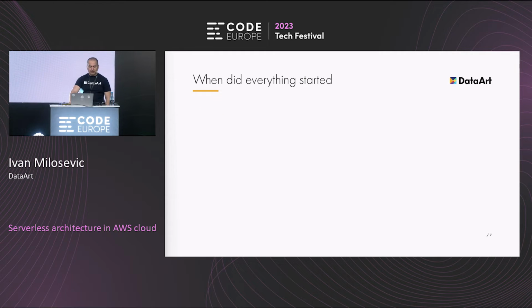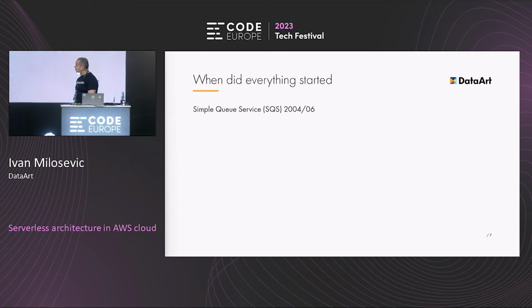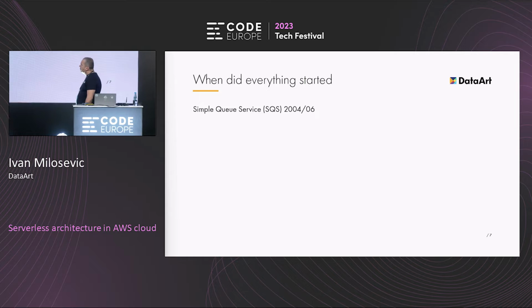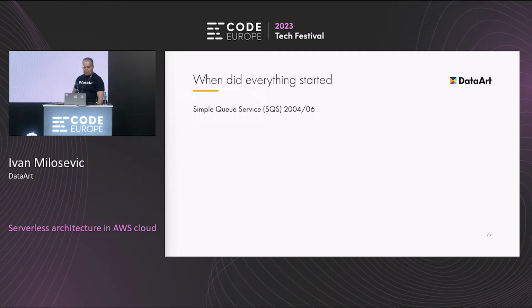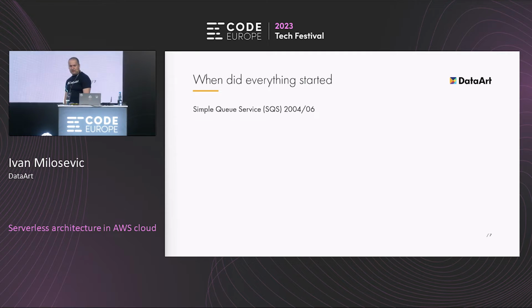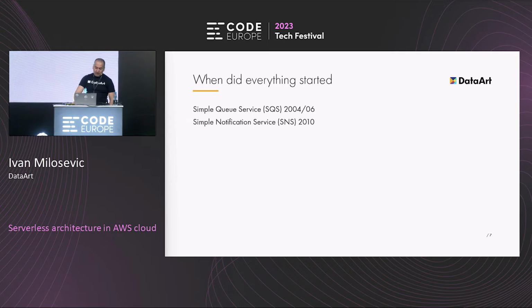Historically, although I don't like history really a lot, serverless on the AWS cloud started at the beginning of this century, and one of the first services was SQS, or Simple Queue Service. Don't worry if you are not familiar with the term, but essentially it went into beta in 2004, and then in 2006 it became generally available.